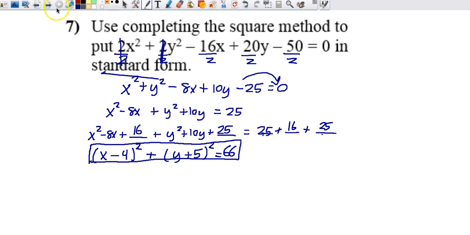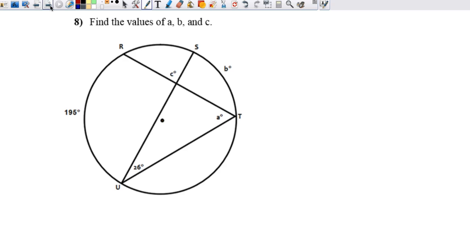All right, question 8. All right, on angles. So we want to find this. This is called an inscribed angle. Remember, the angle here, when it's on the circle, is 1/2 the arc. The arc that it opens toward is on the left.